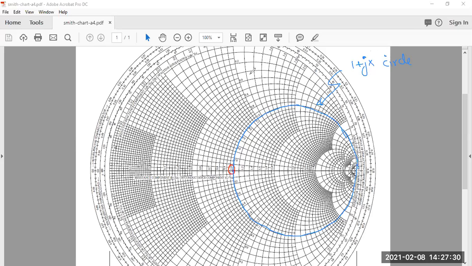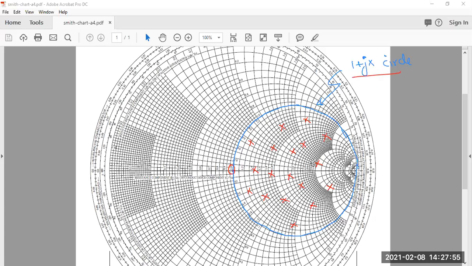So what was the criteria for the selection of a suitable network? If the load position is anywhere within this circle, let me draw these. These are possible positions of the normalized load, and all of these crosses representing ZL are inside this circle.